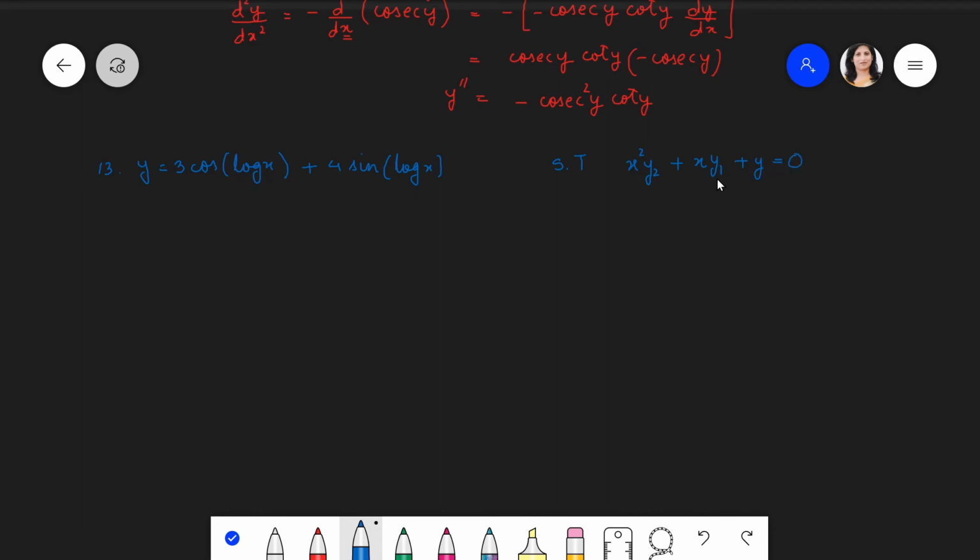So you must have identified this is the first order derivative, this is the second order derivative. Okay, so let's find out the first order derivative.